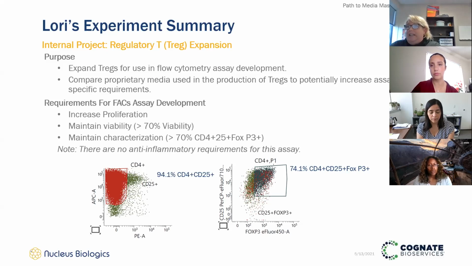Specifically, I was looking to increase proliferation, so I'd have enough cells to test, while maintaining, as I said, the viability and the CD4, CD25, and FOXP3 phenotype. The bar is a bit low since I was using that type of an assay. If I were to use a functional assay, I would have been way more concerned. I would have had some other more interesting CQAs to put in here.